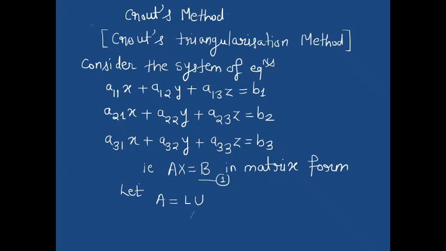Depending upon the values in the principal diagonal, we have various decomposition methods. So let's see what exactly it means. Consider the system of equations a11x plus a12y plus a13z equal to b1, a21x plus a22y plus a23z equal to b2, and a31x plus a32y plus a33z equal to b3.